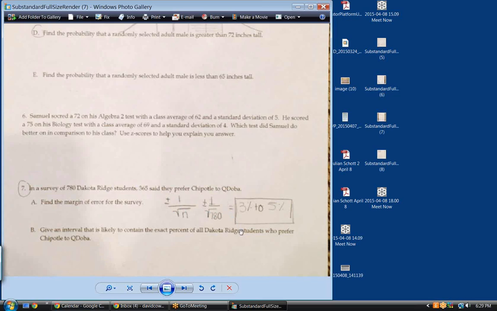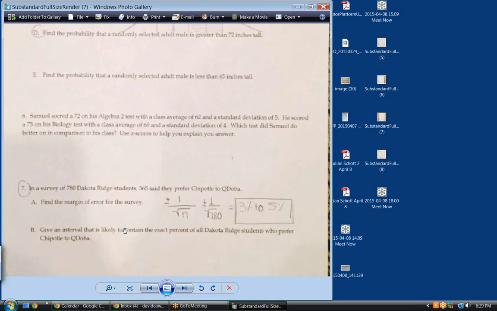Maybe they do at the back. Oh, I think I was doing the interval, so I did B. In other words, I don't think the margin of error has anything to do with this 365. Right, that's what I was doing. I just put it in the wrong spot.